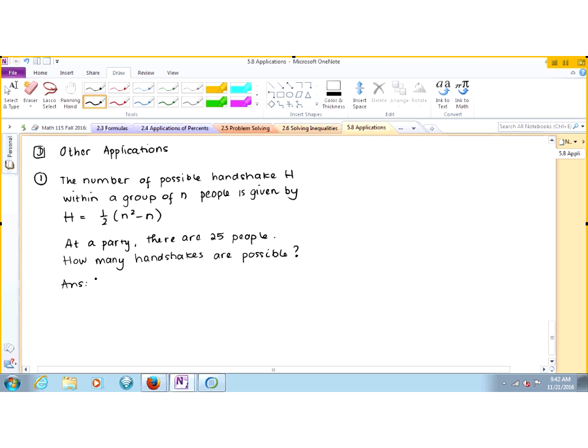Yes. So 25 is what? N or H? N, yes. So N is 25. So what is H? H is half times 25 squared minus 25. All right. So H is half times, what is 25 squared? 625 minus 25, which is 600. So H is 300.